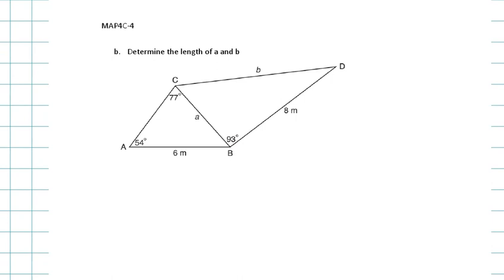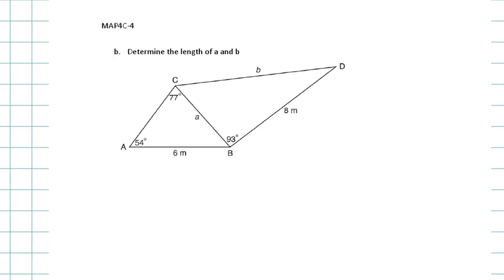The question is asking you to determine the length of A and B. So you have to determine the length of side A and the length of side B. I'm waiting to hear some ideas.